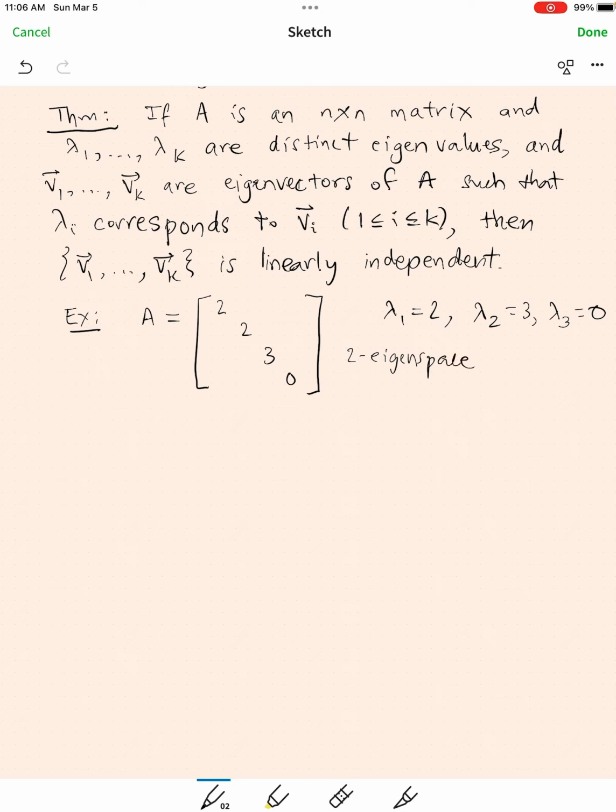What's the basis for the 2 eigenspace? How can I write it as multiples of one vector plus multiples of another vector? Can you see how to do it without actually doing any computations?